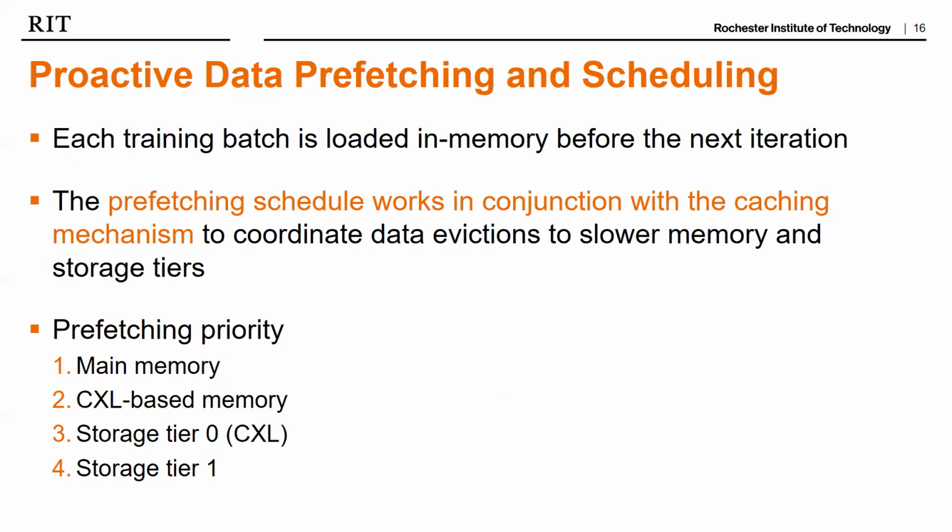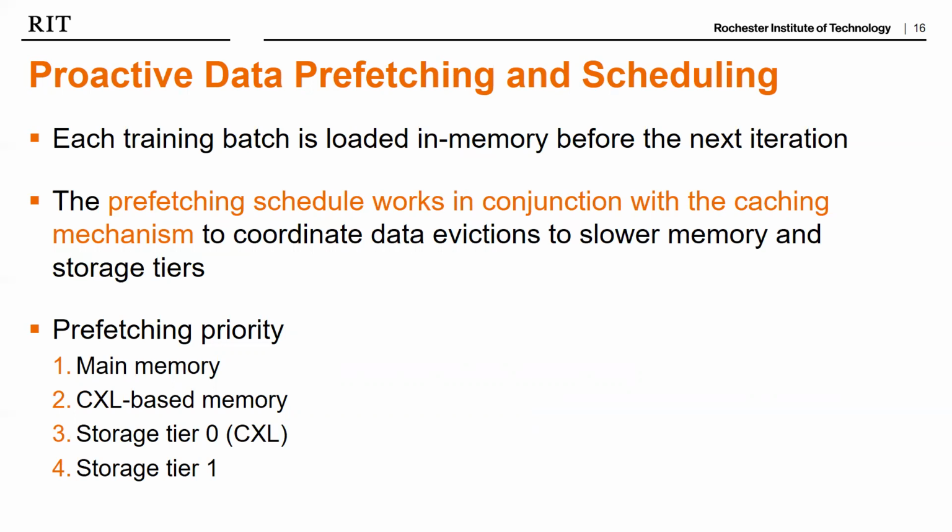The main purpose of our proactive prefetching is to prefetch data batches into memory before processing, or before each iteration, in order to minimize the I/O wait. Prefetching works alongside caching policies to ensure that the data does not exceed the buffers, and it also helps perform data eviction when required.